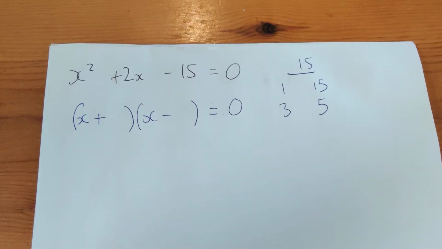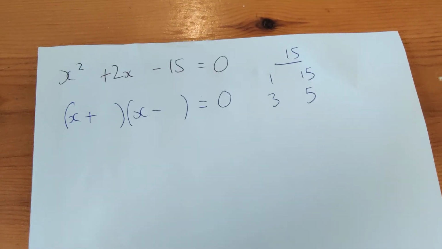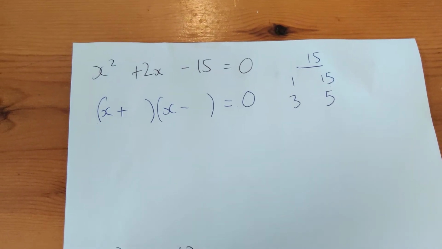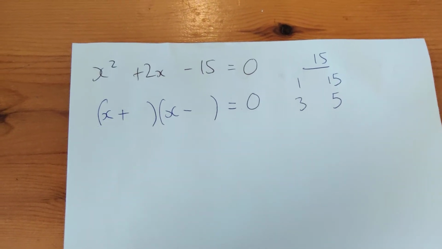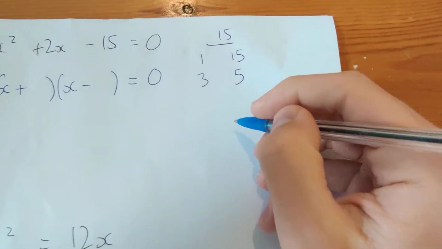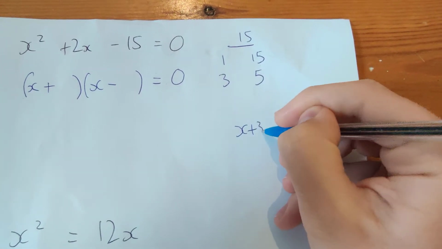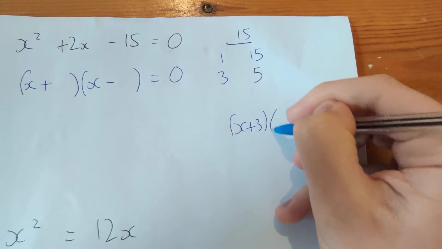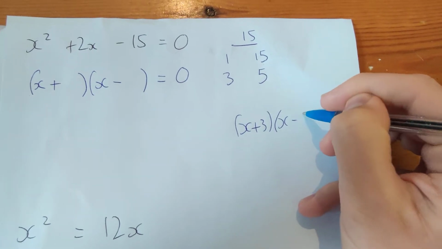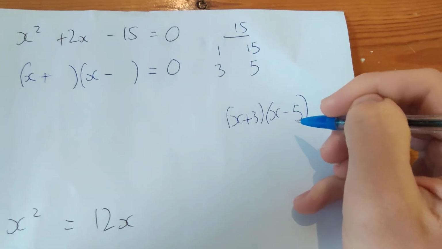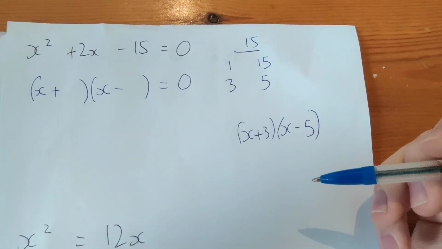Others of you that are less confident might need to try some. So for example, I think it might be 3 and 5, so I'm going to try over here. I'm going to try, let's say, I think it's going to be x plus 3, x minus 5. I'm going to expand that out to see if it gives me my expression that I wanted.